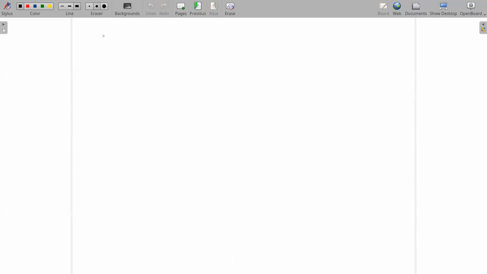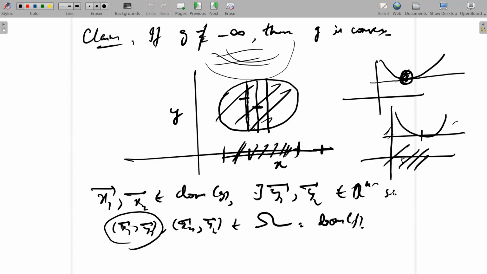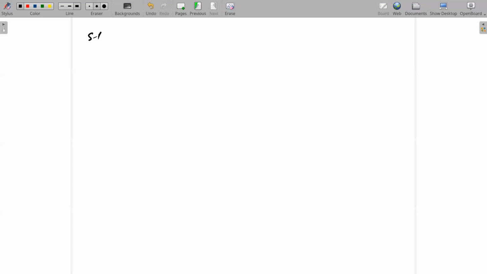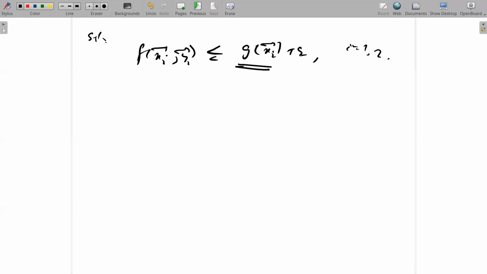So here I will choose such an epsilon. So there exist y1, y2 in the domain such that f of (xi, yi) is less than or equal to g of xi plus epsilon. Here i is just 1, 2; I'm just talking about these 2 points, x1, x2. Since g is that infimum, if I add epsilon, then there is something in that set over which you're taking the infimum which is lower than g of x plus epsilon. And here, by the way, epsilon is strictly bigger than 0.